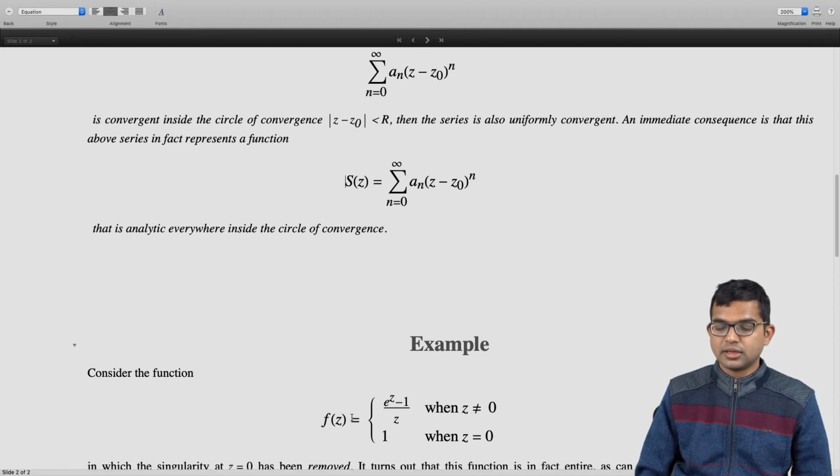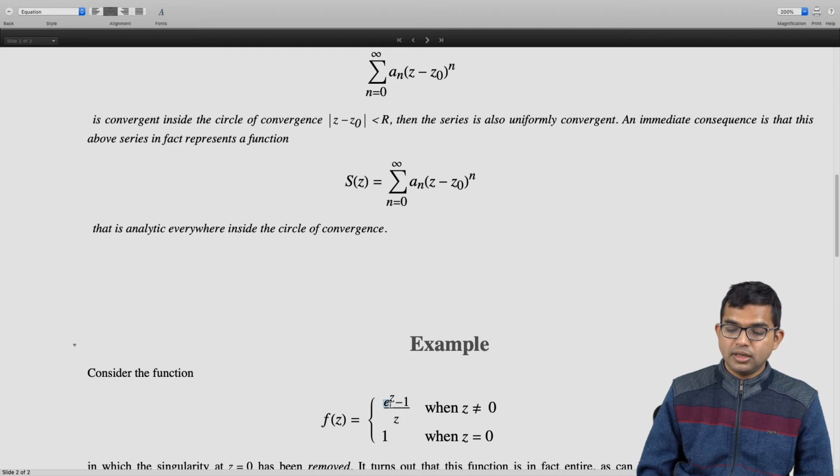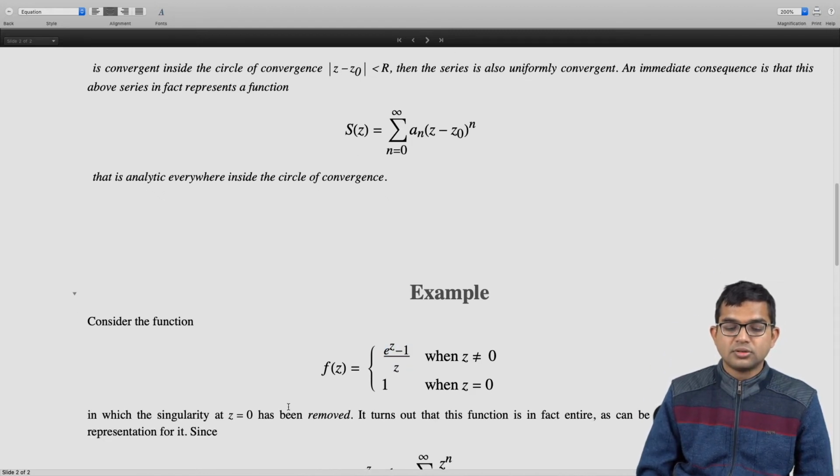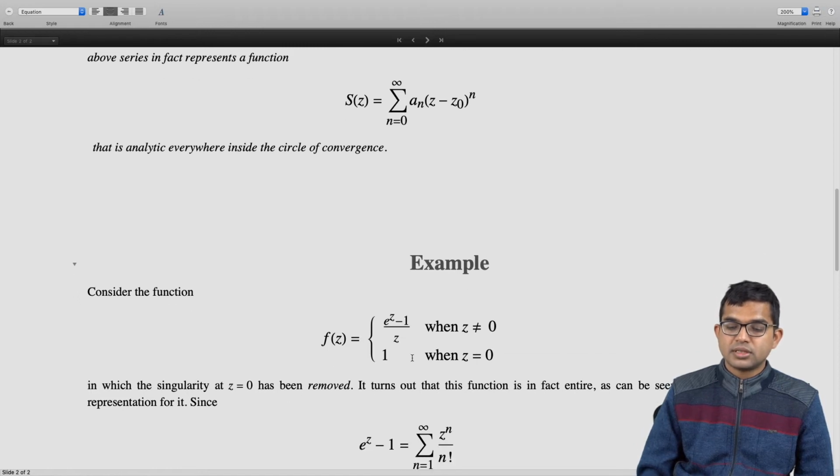So suppose you consider a function like e to the z minus 1 over z, right? This function clearly has some mess sitting at z equal to 0, and so at exactly z equal to 0, you define this function to be 1, and e to the z minus 1 over z everywhere else. So now it turns out that this function, which appeared to have a singularity at z equal to 0, has actually been cured of the singularity.